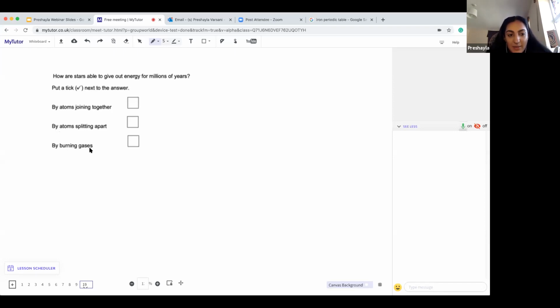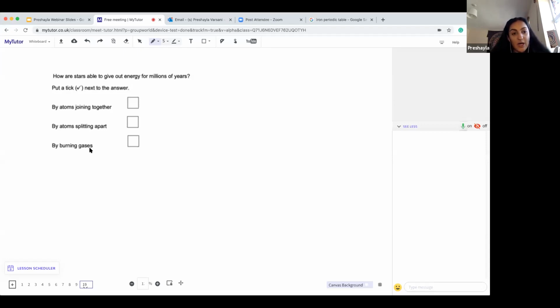Atoms joining together, atoms splitting apart, or by burning gases? What do we think?